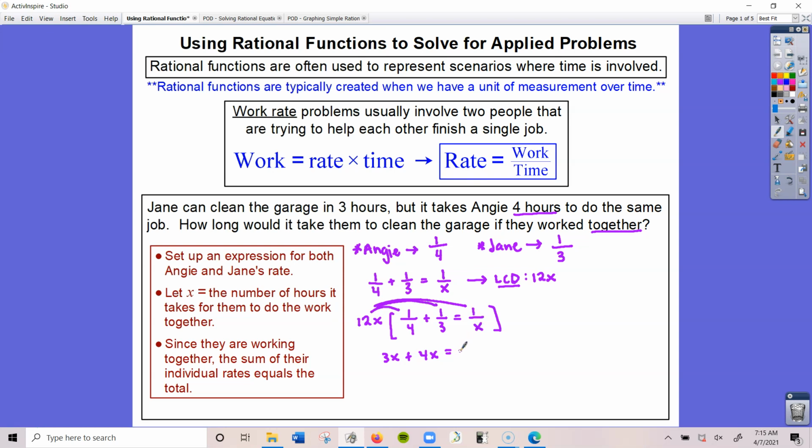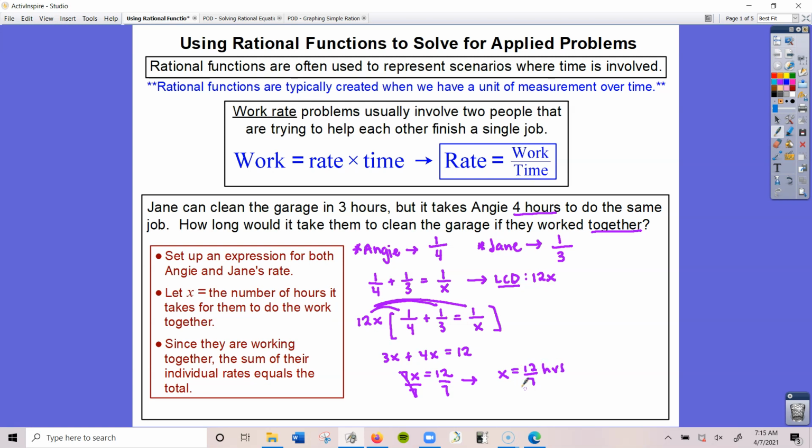That means the x's would cancel and we're left with 12. So now we add this together. 3x plus 4x is 7x, which is equal to 12. Then divide by 7, and we get that x is equal to 12 over 7 hours.